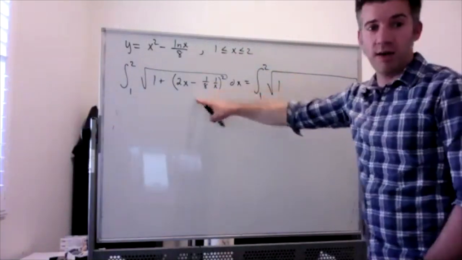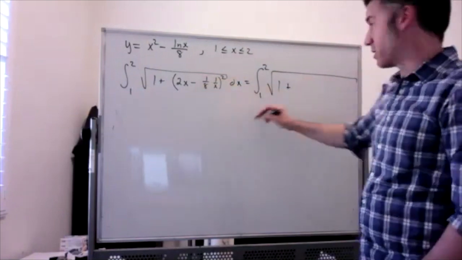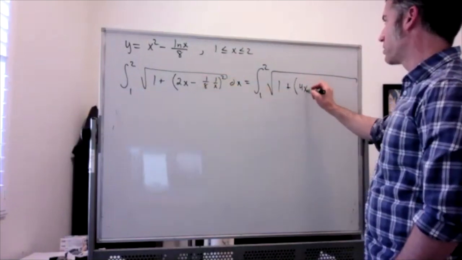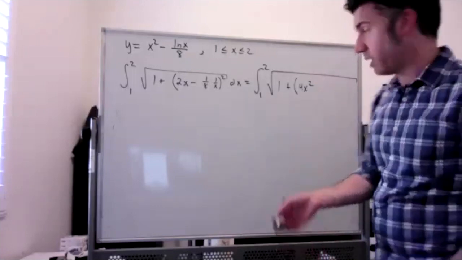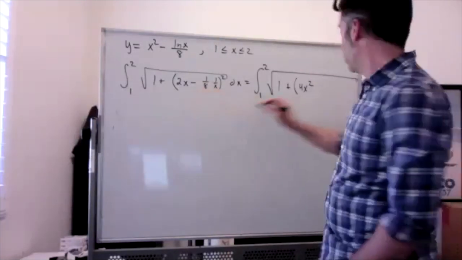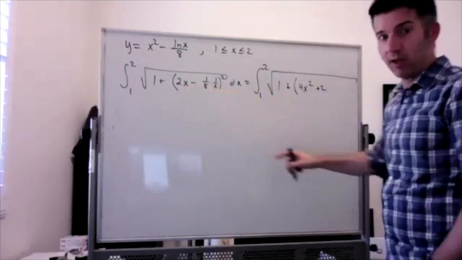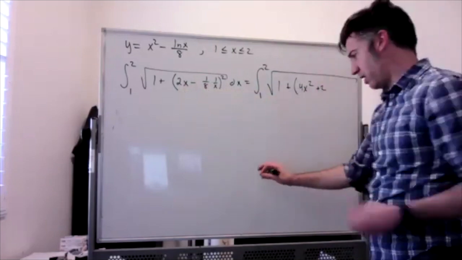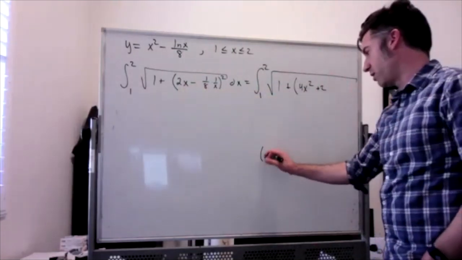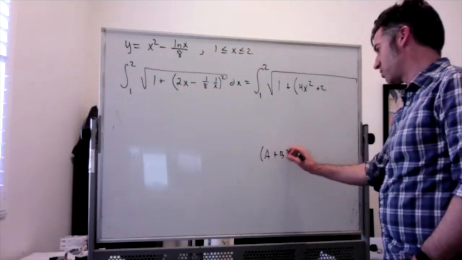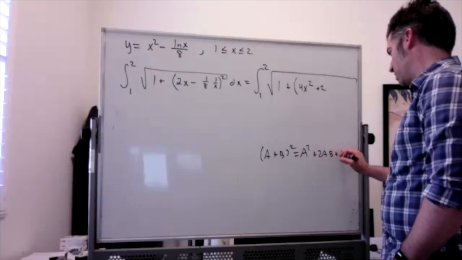So multiplying this out, 2x minus 1 over 8x squared is going to be 4x squared. The middle term should be negative 1/2, but let's check. Middle term is 2 times 2x times negative 1 over 8. There's this formula you guys should be aware of: a plus b squared is a squared plus 2ab plus b squared.